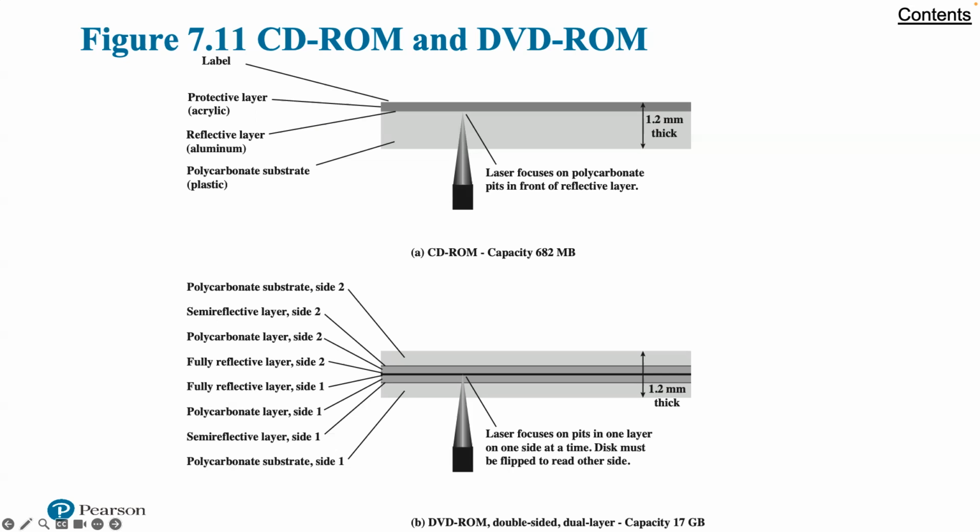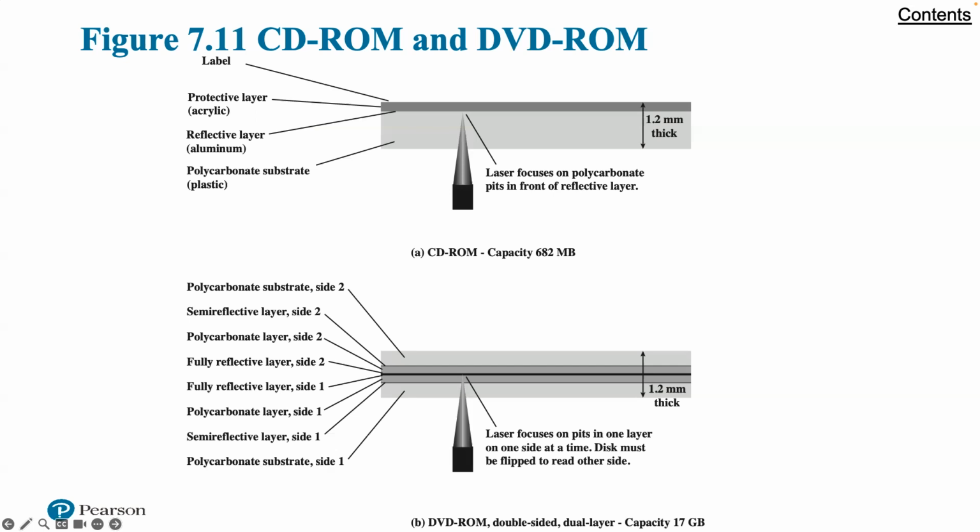The DVD uses a laser with a shorter wavelength and achieves a loop spacing of 0.74 microns and a minimum distance between pits of 0.4 microns. The result of these 2 improvements is about a 7-fold increase in capacity to about 4.7 gigabytes.